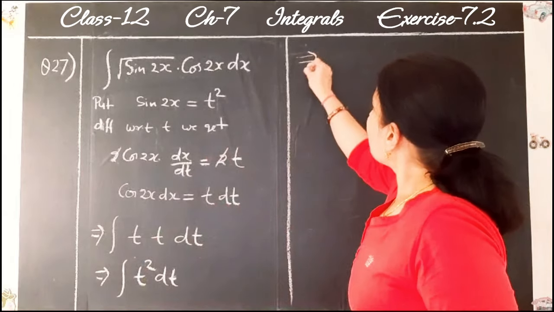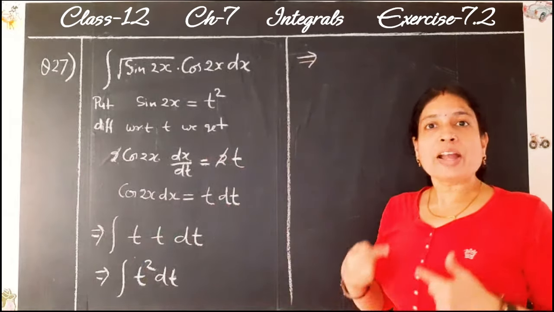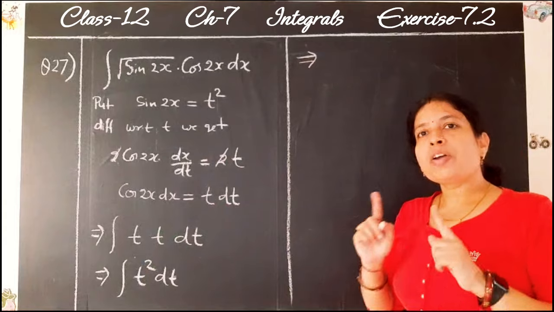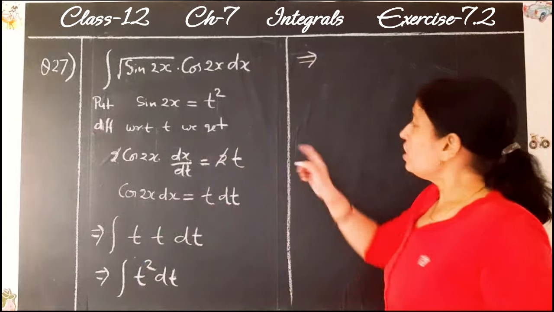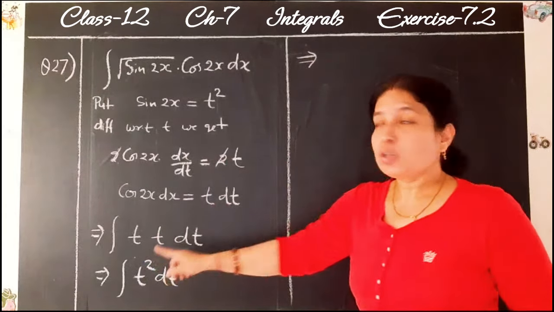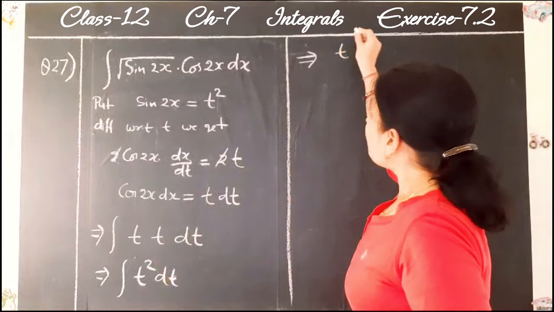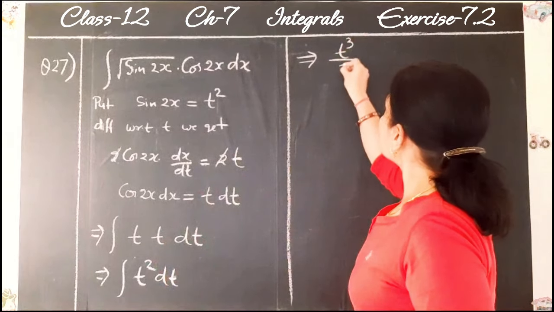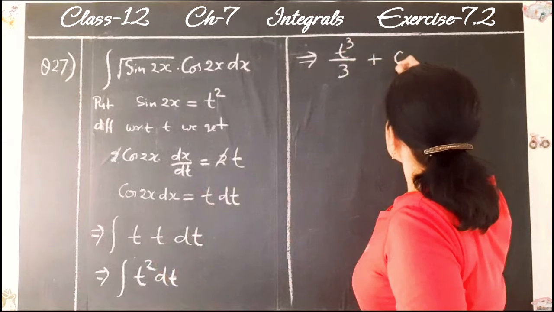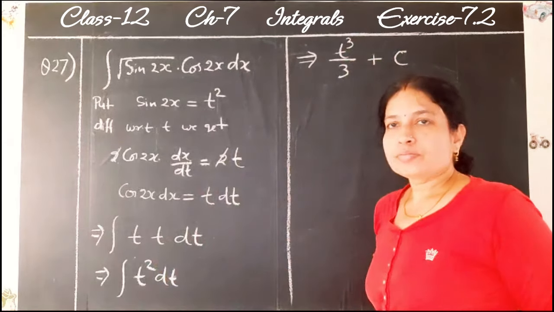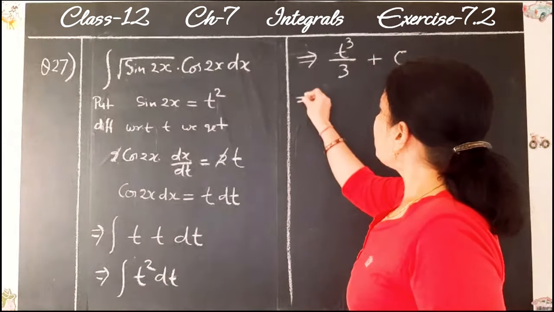So what is the formula for that? Integral of x to the power n will be x to the power n plus 1 divided by n plus 1. In place of n, here it is given 2, so it will be 2 plus 1, 3, divided by 3, plus write a constant c. Then put the value of t.